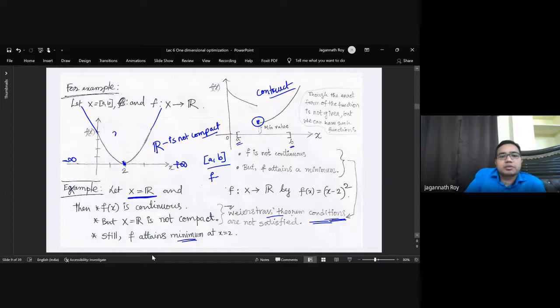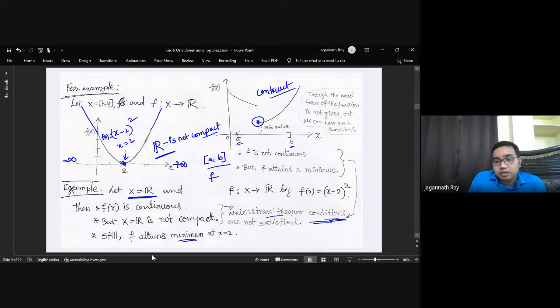For example, if you define f of x as (x minus 2) whole square, then at x equals 2, it will become 0. So this is a parabolic equation, and this will be our minimum point. But our set is not compact.